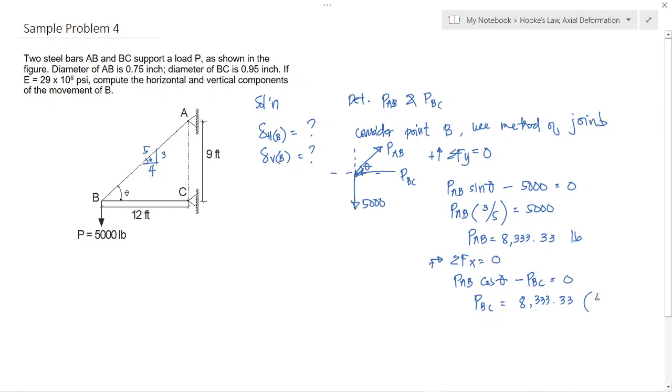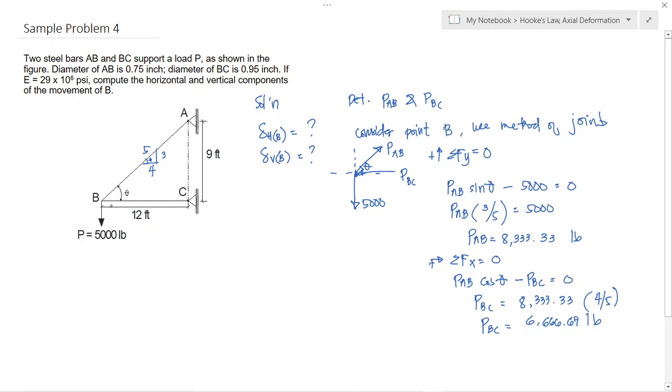Cosine of theta is 4 over 5. PBC is now equivalent to 8,333.33 multiplied by 4 divided by 5, which is equivalent to 6,666.67 pounds. Store that in your calculator too, so that you use the exact values later.